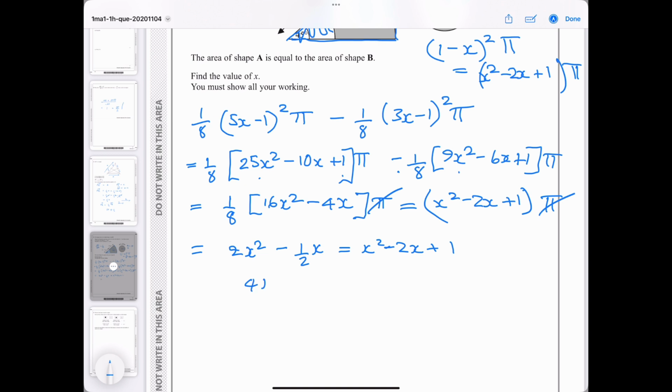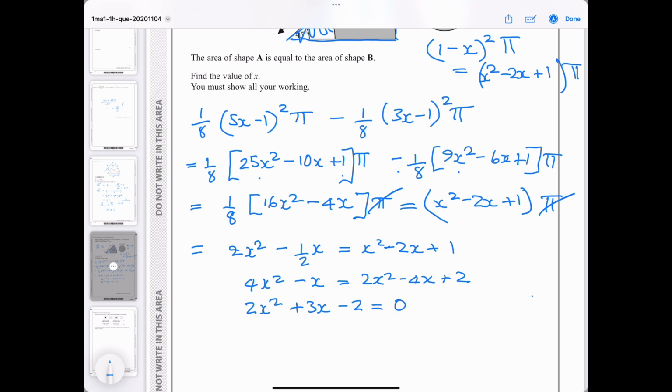So I'm going to do 4x squared minus x equals 2x squared minus 4x plus 2. Okay, now I'm going to make one side equal to 0, so that's 2x squared, and add 4x to both sides, so plus 3x minus 2 equals 0.